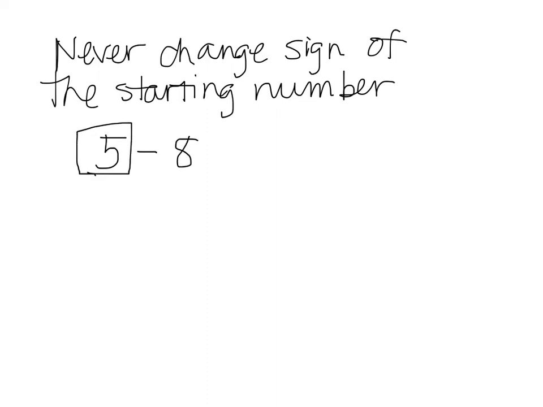If I change that, it's a completely different problem. If I've got 5 checkers, this is the same as adding the opposite. I'm going to end up with -3. Don't change this sign ever. Never. Always change the sign of subtraction and make it the opposite of the problem you're dealing with.